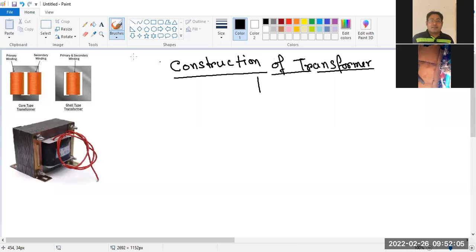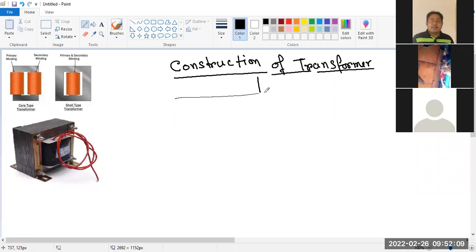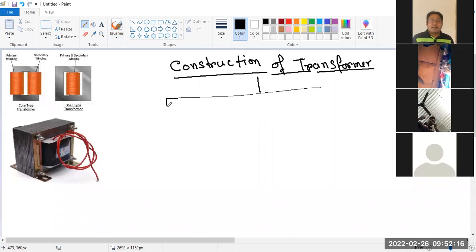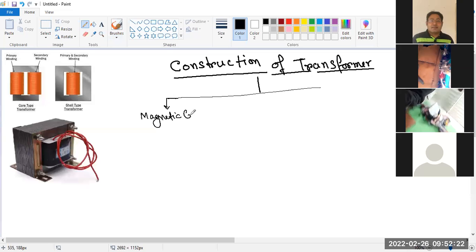So we can divide it into two parts: the magnetic core and the other part, the winding or the coil.